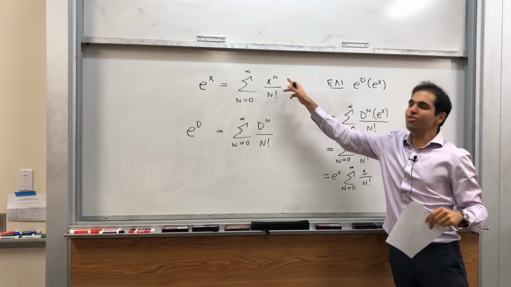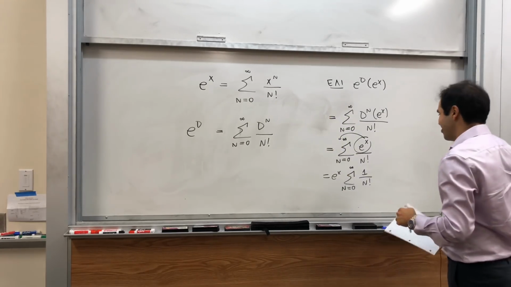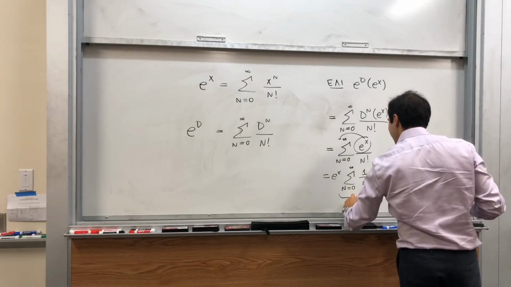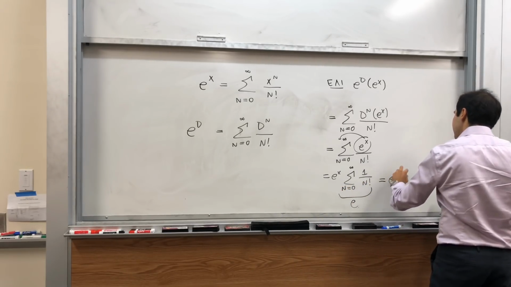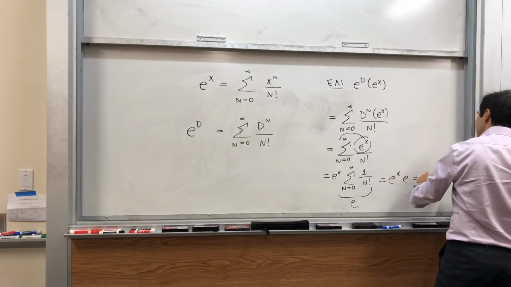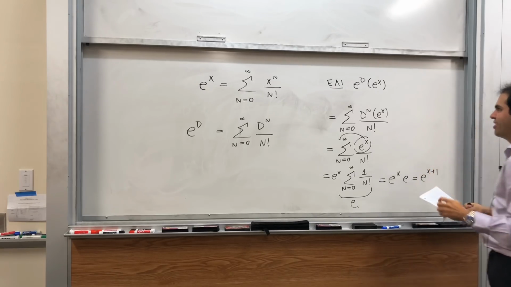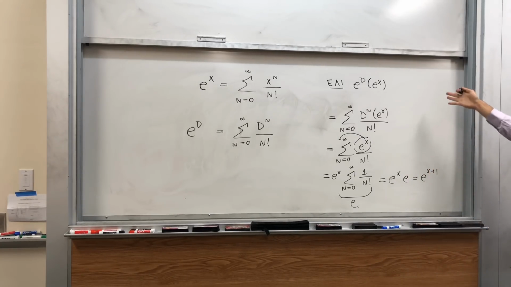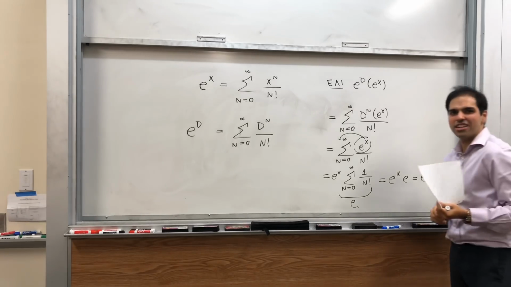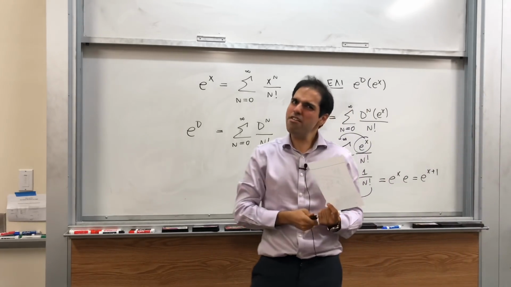And then just use e to the x with x equals 1 to get that this is e, and you get e to the x times e, which is e to the x plus 1. So the exponential derivative of e to the x becomes e to the x plus 1, which is very cute.